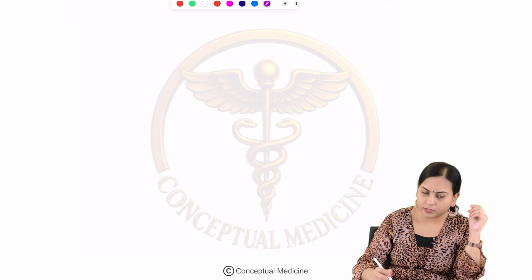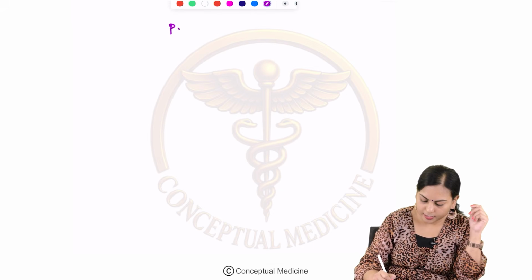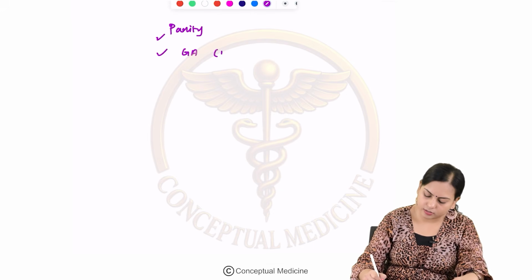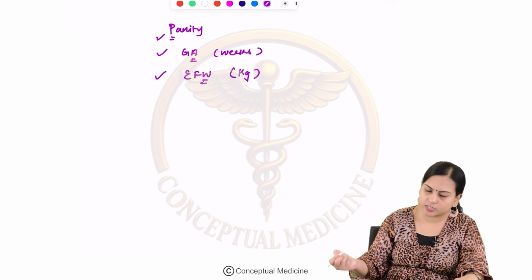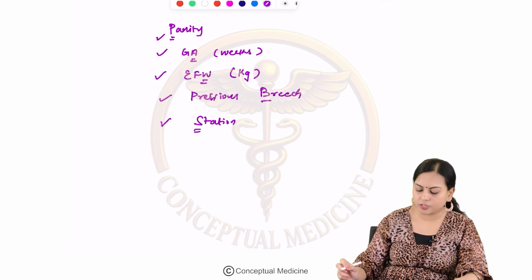Okay. So, the factors that are considered in Zatuchna scoring system include parity, gestational age in weeks, estimated fetal weight in kilogram. Then you have B for breech, previous breech, and then S for station.